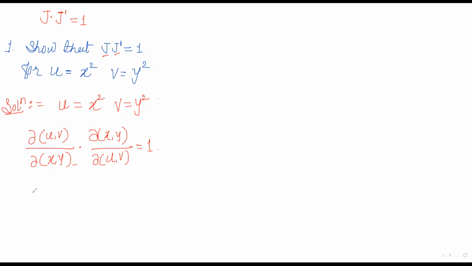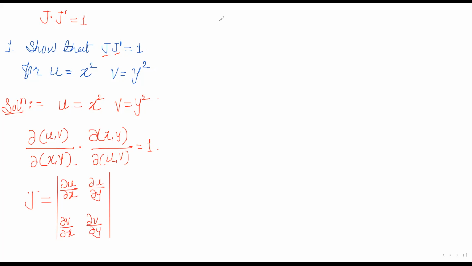So let us consider J, taking the determinant of the derivatives u_x, u_y: dou u by dou x, dou u by dou y, then dou v by dou x, dou v by dou y.